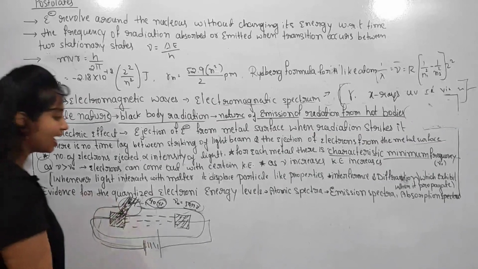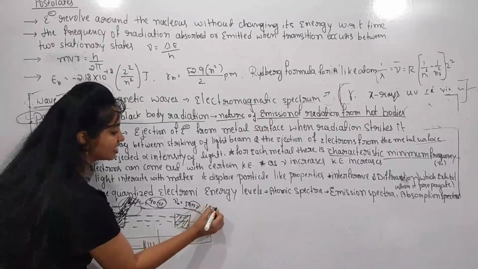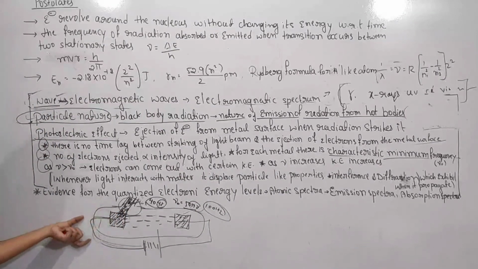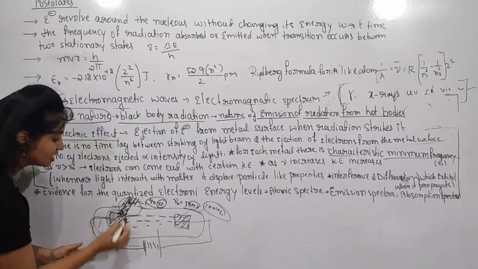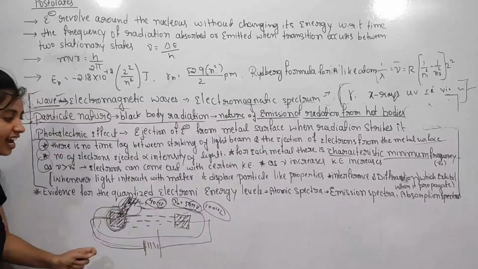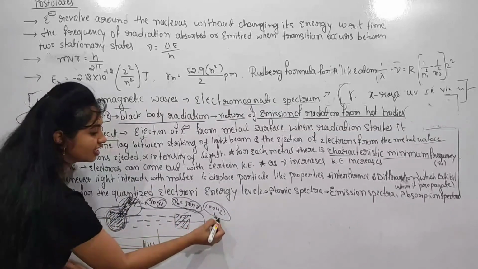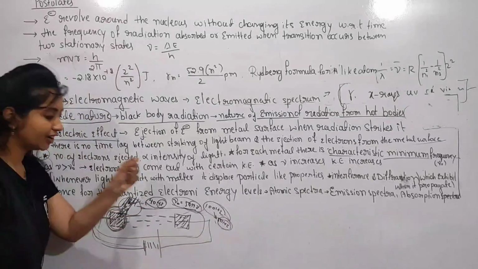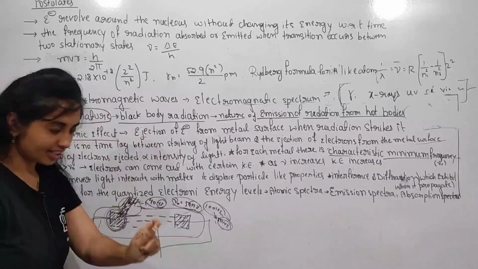If we apply 100 hertz frequency here, then what happened? This metal surface uses this threshold frequency and another 50 hertz frequency of that electromagnetic radiation.